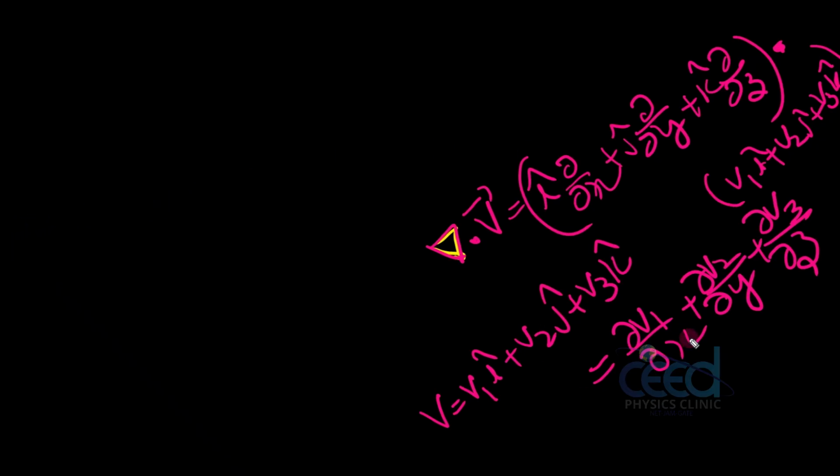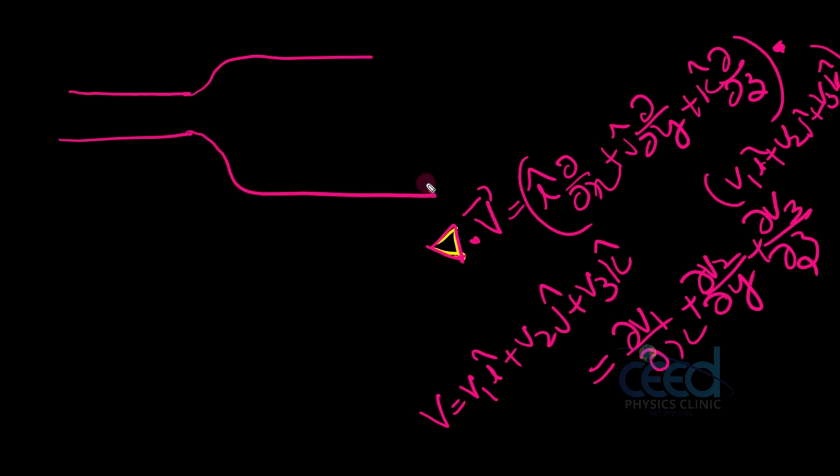See here, divergence means suppose you have a pipe like this. Suppose you are considering a small volume here at this point, and another small volume here at the boundary.